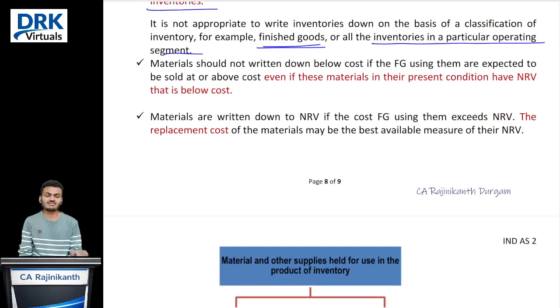After comparison, if our NRV is lower than cost, we should measure our inventories at NRV. Whatever the difference between cost and NRV, we charge to the profit and loss account, right? That is what the standard is saying.